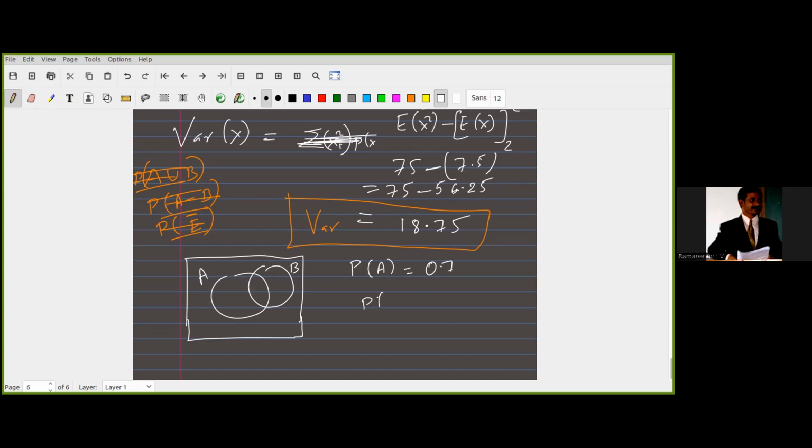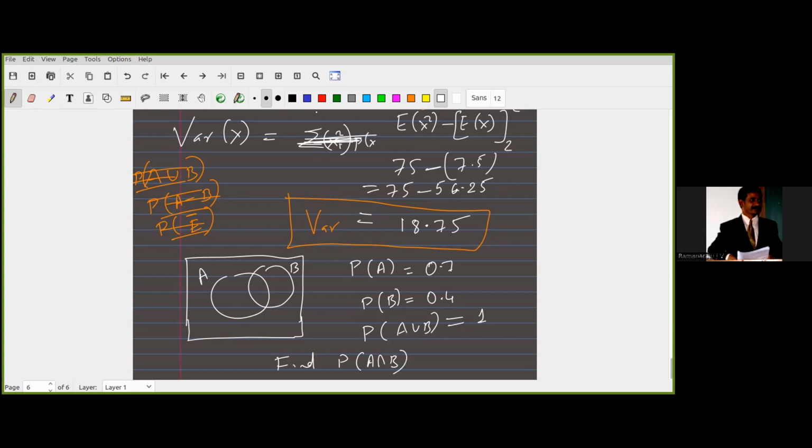P of B is given to be 0.4, and let's say P of A union B is 1, which means they are exhaustive and they are the only two events of the sample space. Then find P of A intersection B.